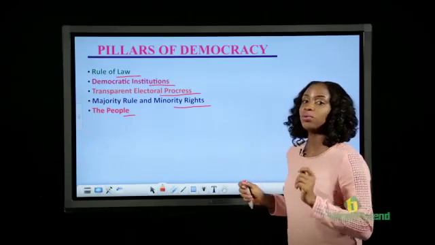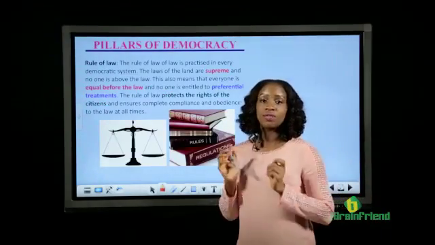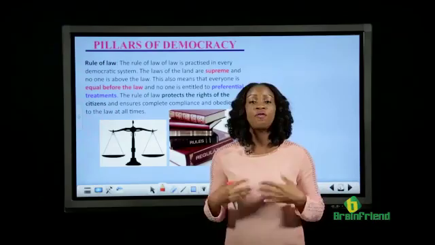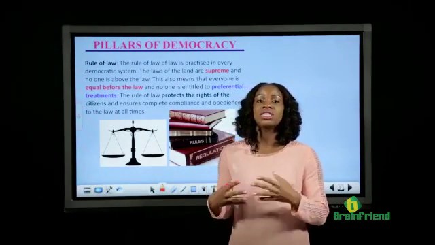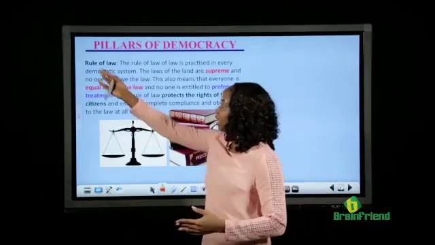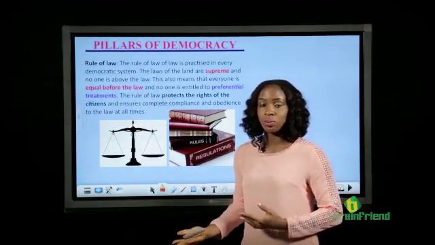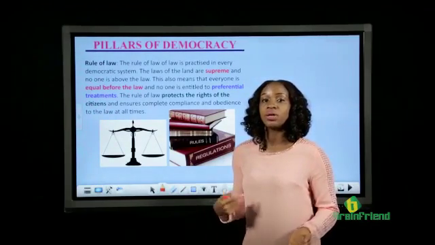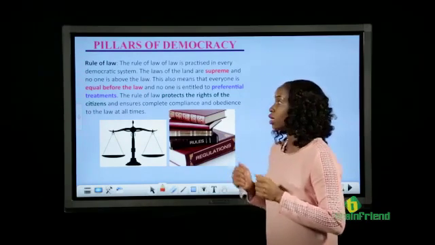Now we're going to take them one after the other. Remember, we said pillars of democracy are things or features upon which democracy stands. So we are going to see how these different things that we just listed, the rule of law, transparent electoral process, majority rule and minority rights, help democracy to stand.